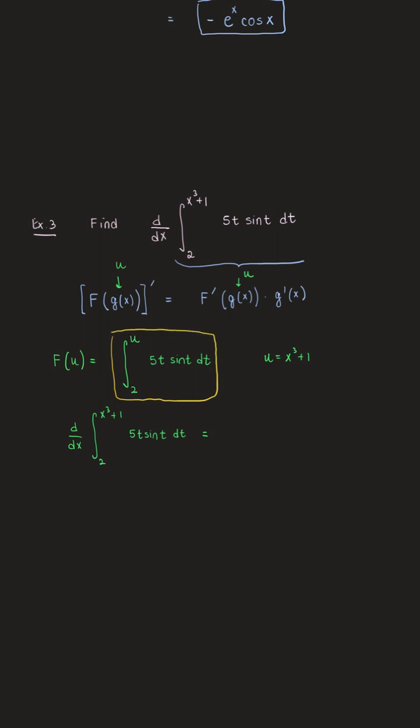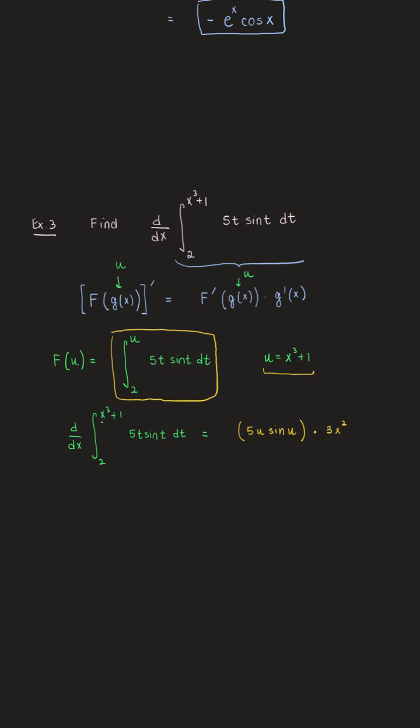So that's just going to be 5u sine of u. This is applying the fundamental theorem of calculus, part 1. And then we take the derivative of the inside function, and the derivative of x cubed plus 1 will be 3x squared.